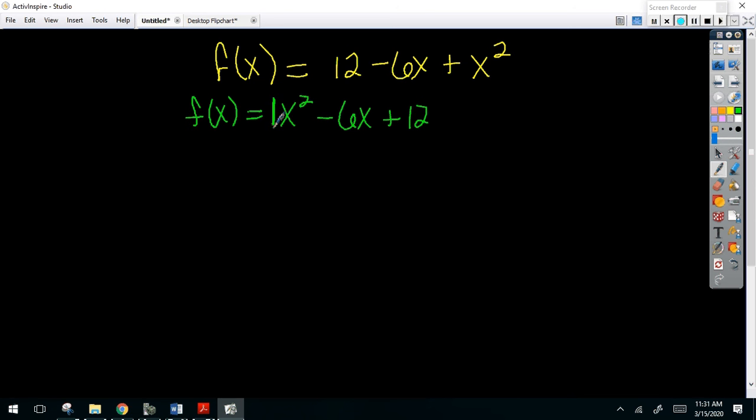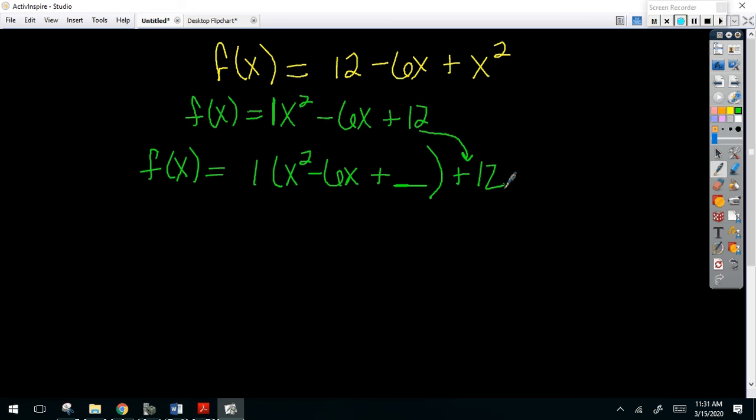Well, here, the leading coefficient is just 1, right? Well, that makes for an easy factor, because that means it's 1 times x squared minus 6x. I'm going to leave a little blank right here because I don't know what I'm going to put there yet, and this plus 12 still sits out here. Okay, so you might want to go ahead and put minus something there so you remember that you need to also subtract it while you're adding it.